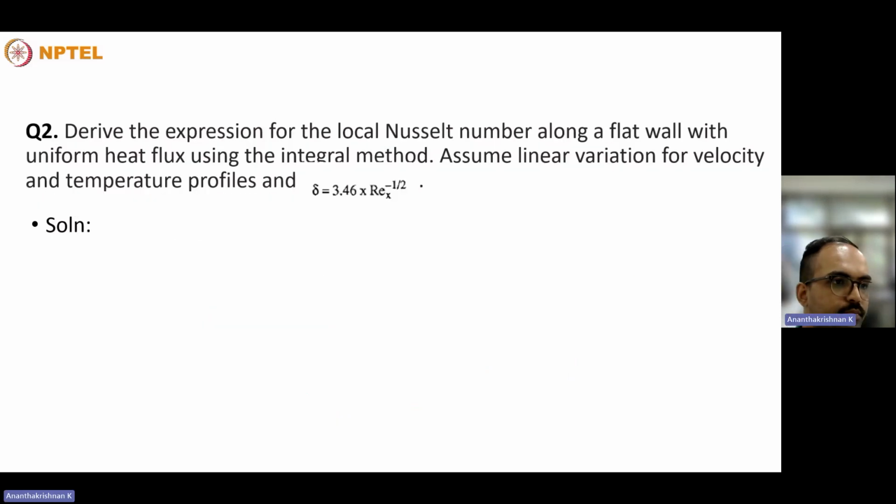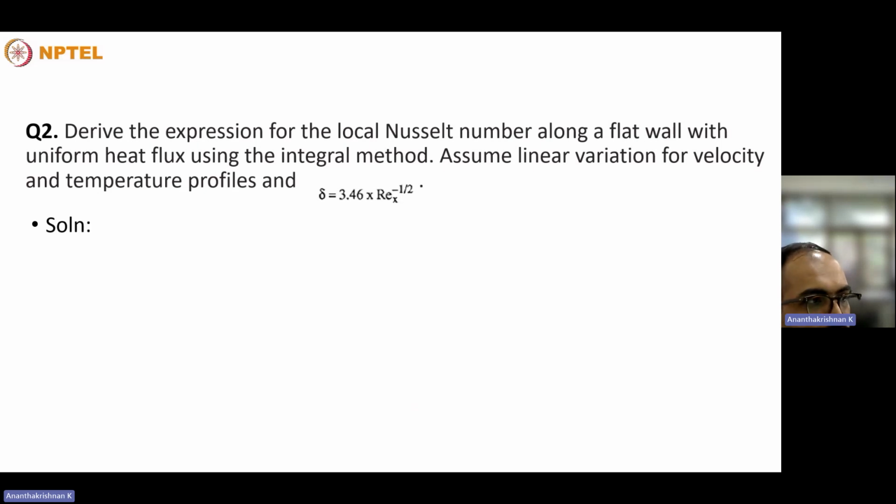Now we can move on to the next problem. It's a derivation question. We have to derive the expression for the local Nusselt number along a flat wall with uniform heat flux using the integral method.